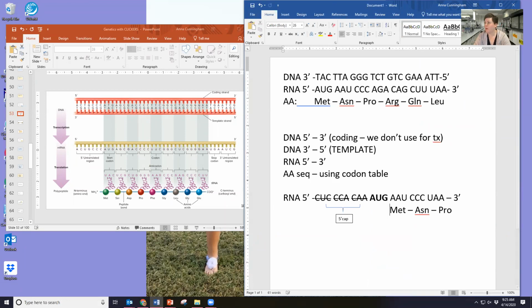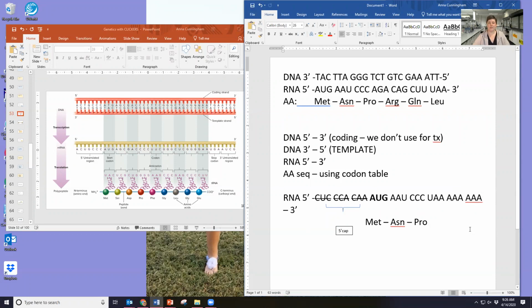Okay, so another thing is sometimes you will see at the end of this UAA, you will see AAA, etc. What you're looking at would be your poly A tail.